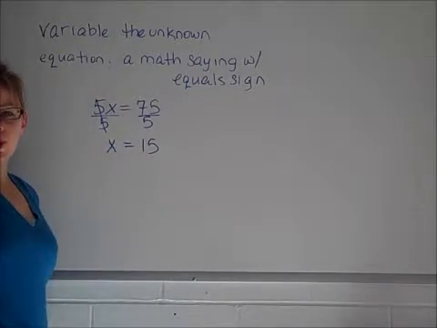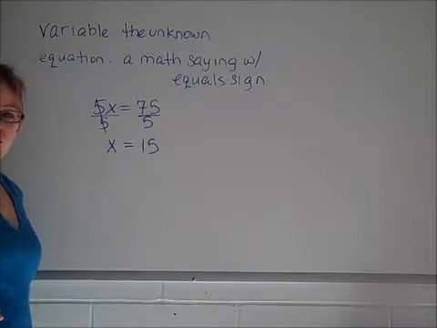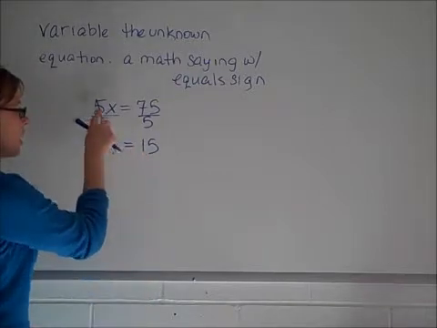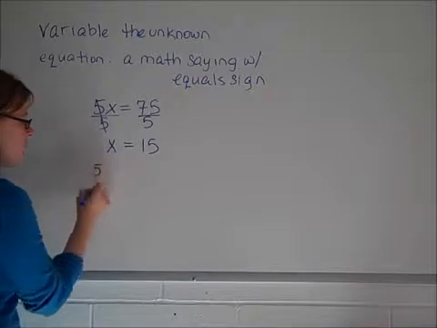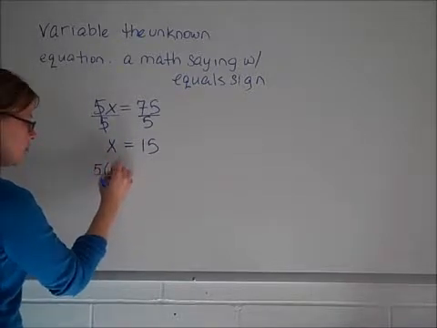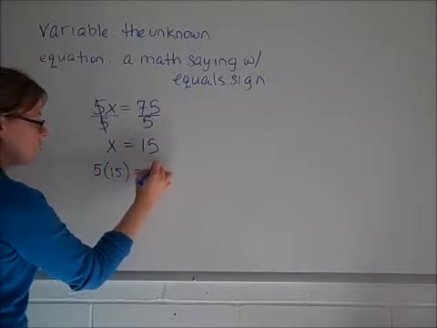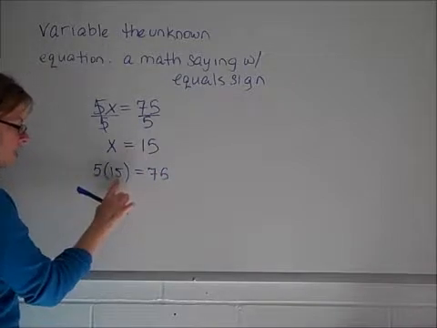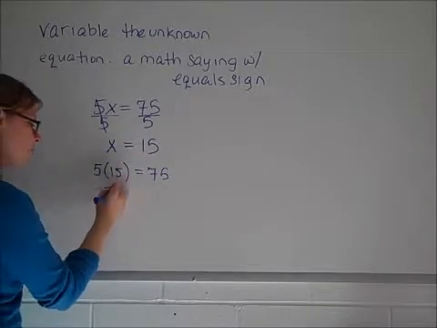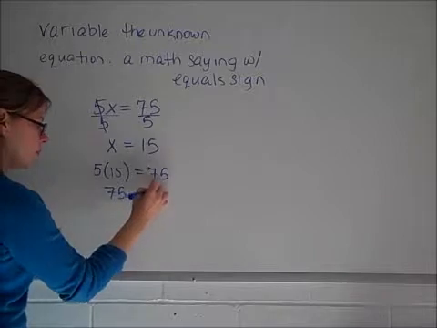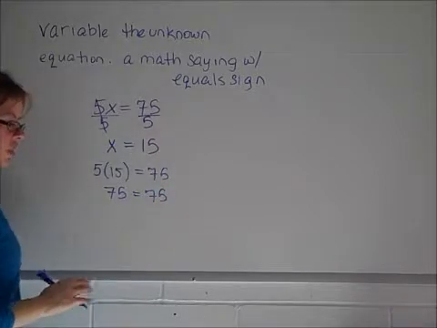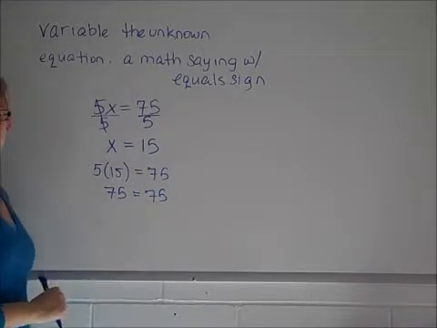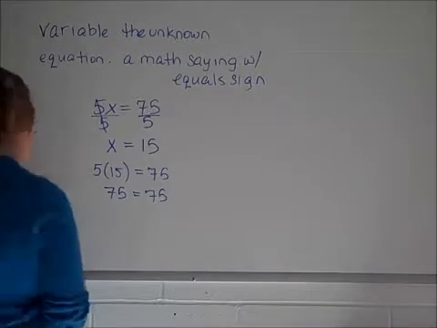Just as before, if you want to check and make sure that you got the right answer, plug it back in. So instead of writing x, we'll write 15. Everything else drops down. 5 times 15 is 75. We know that an equation is correct when we have the same thing on both sides. Let's try another example.